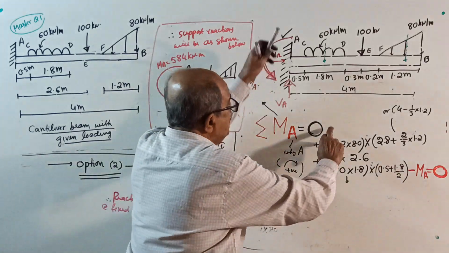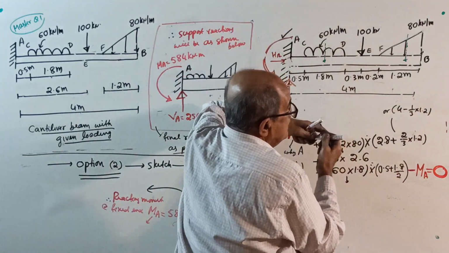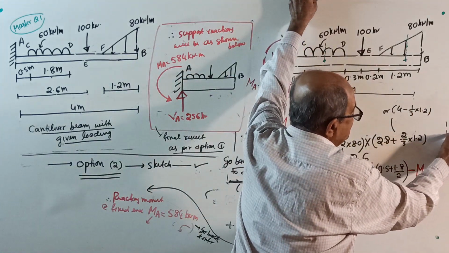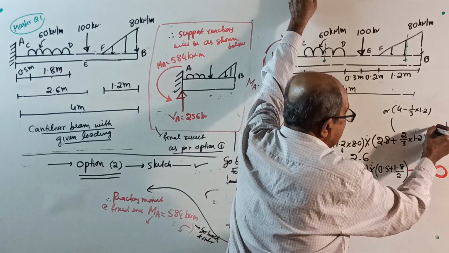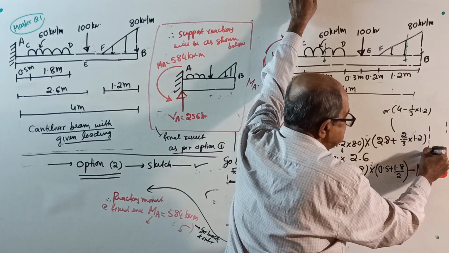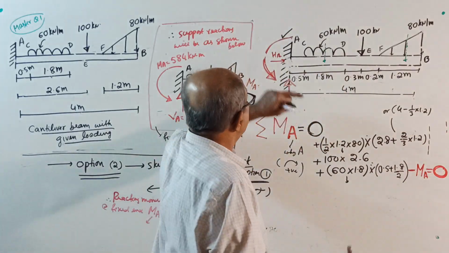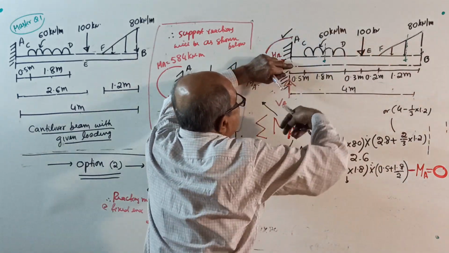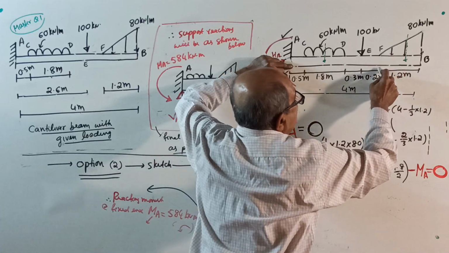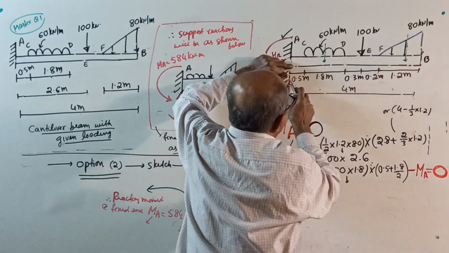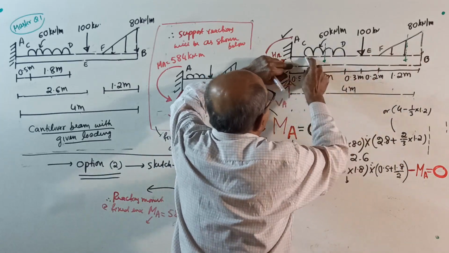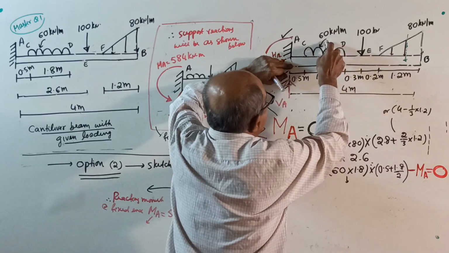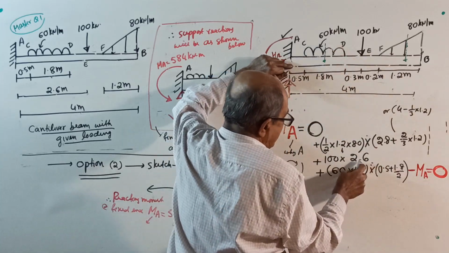Then I wrote, see, the camera line is somewhere here. Now it is correct. Earlier the camera line was somewhere here. I wrote plus half into 1.2 into 80 into this distance, which I explained already, 100 into this distance, 60 into 1.8 into 0.5 plus 1.8 by 2.